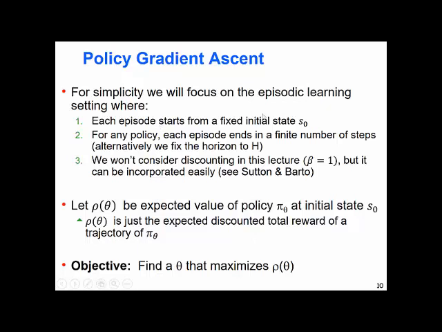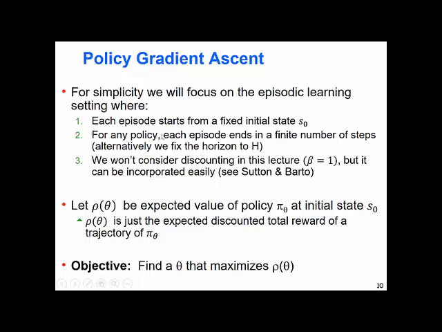So let's focus on episodic learning for this class. Each episode will start from some initial state, S0, and it could be drawn from a state distribution as well. But with a lot of these Atari games, you just have a single initial state.